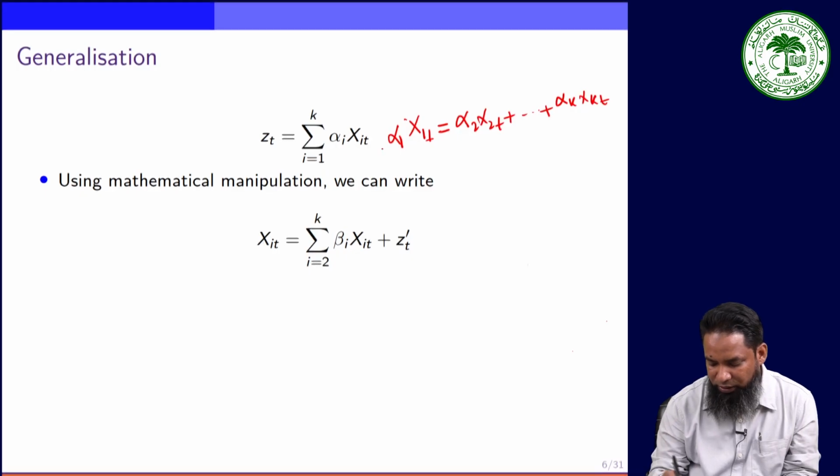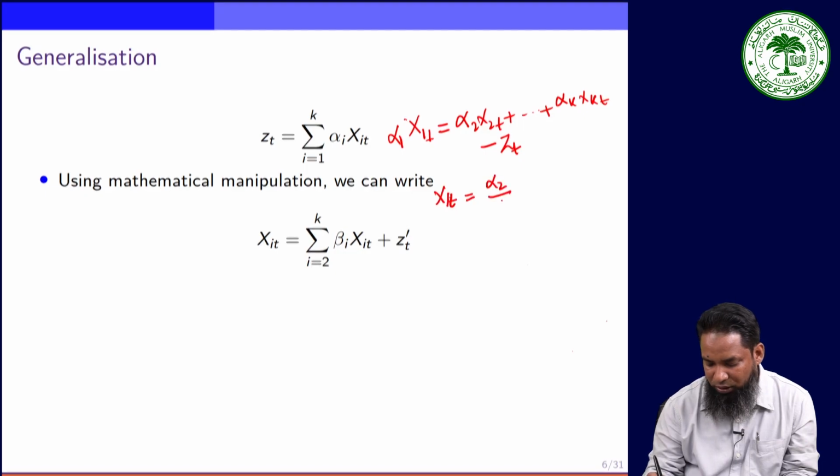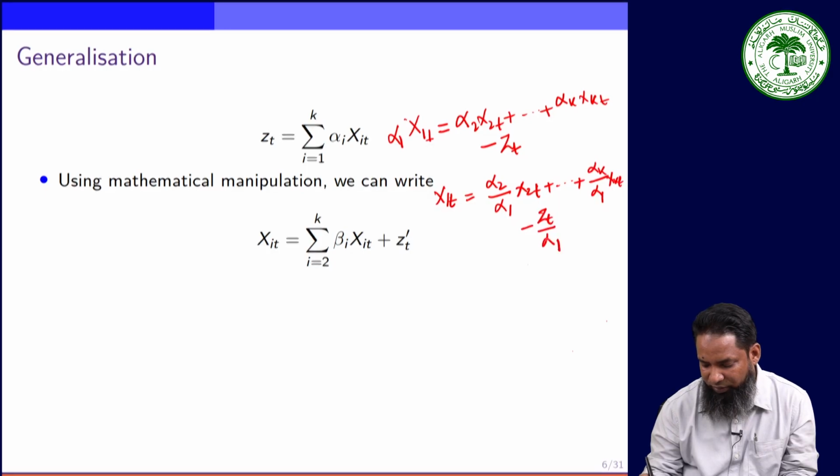All those except alpha 1 we have taken to this side, and then zt we have taken this side as minus zt. Now if we take alpha 1 to this side, then we can write x1t is alpha 2 upon alpha 1 x2t plus alpha k upon alpha 1 xkt minus zt upon alpha 1.